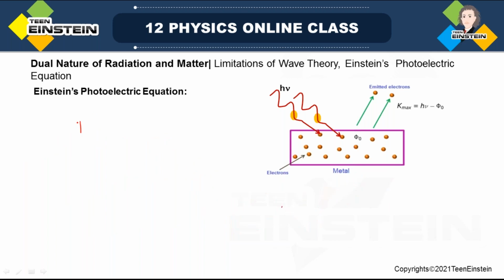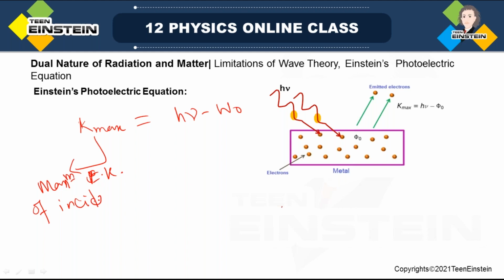So these are two equations. Actually, I'll write Einstein's photoelectric emission equations for that. Those are h nu, the energy of the incident photon, and the work function. I'll write. So this is the maximum kinetic energy of the... I'm sorry, this is not the incident photon.